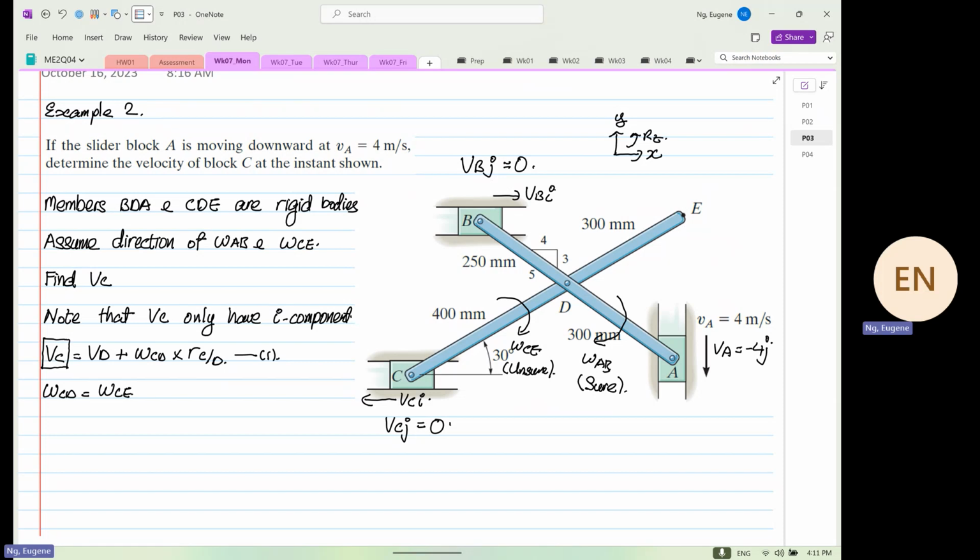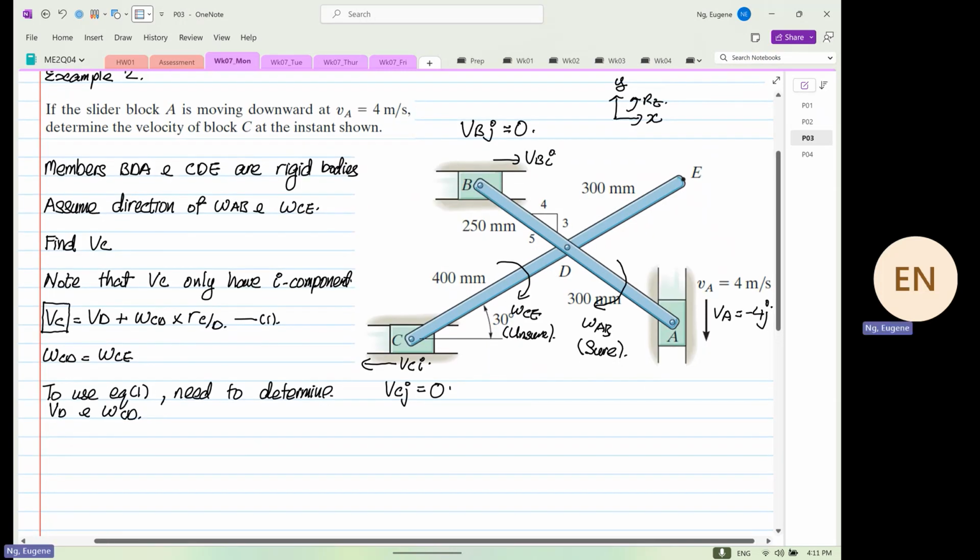So the next thing that we want to find is VD. To use equation 1, we need to determine VD and omega CD.